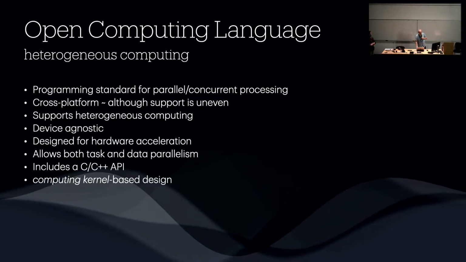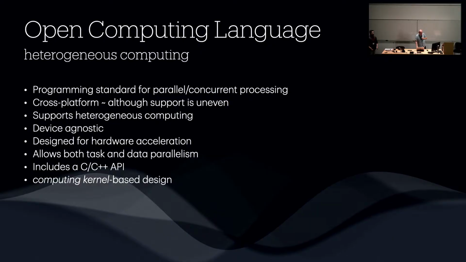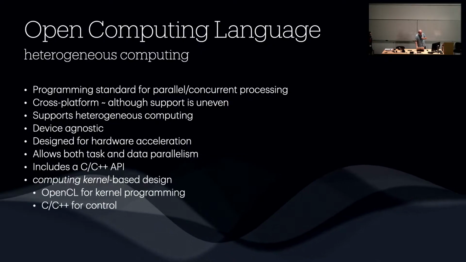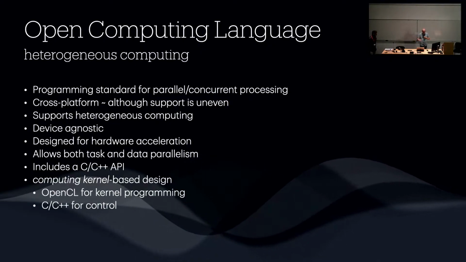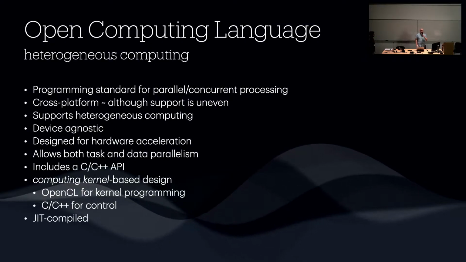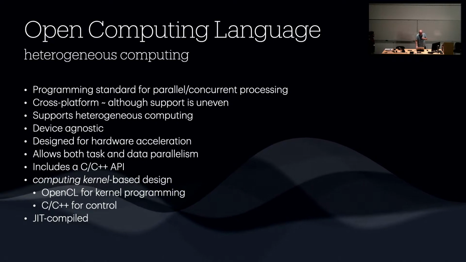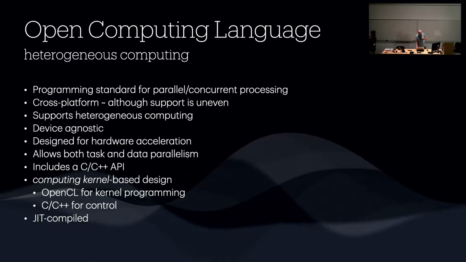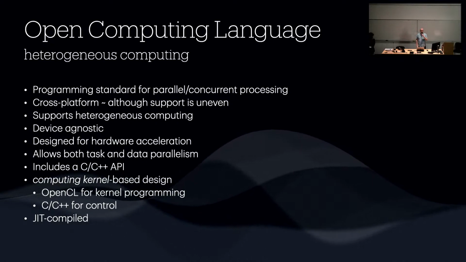It's a compute kernel-based design, which is the standard way for these things. You have the OpenCL language for kernel programming, and then you have C and C++ for control. And it's JIT compiled, which is a very important thing, because then you can embed it in your program.